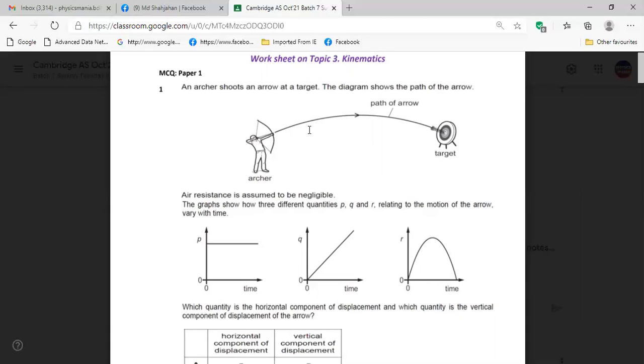The speed is gradually decreasing, and at one stage, when the object is returning back, the speed is zero, right? And the displacement is also zero, right? Isn't it? Yes, sir.